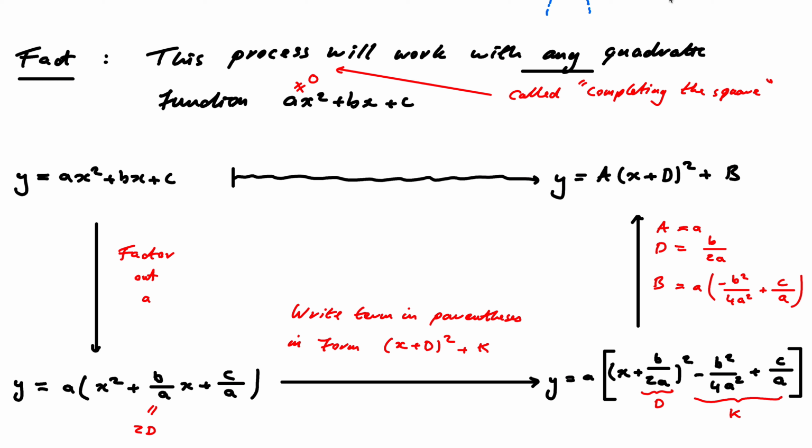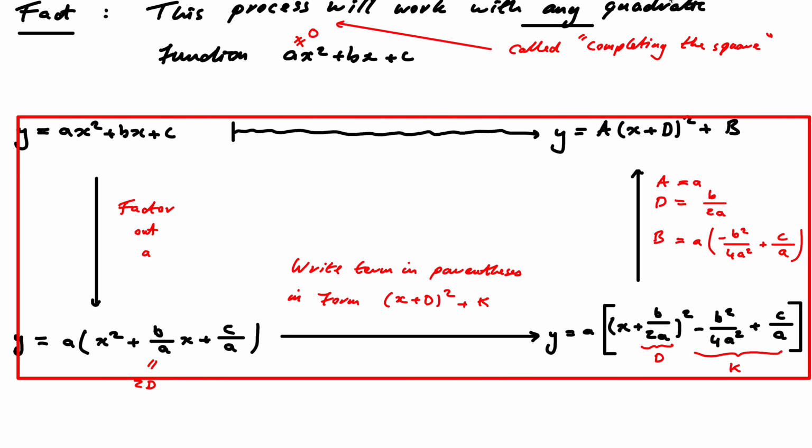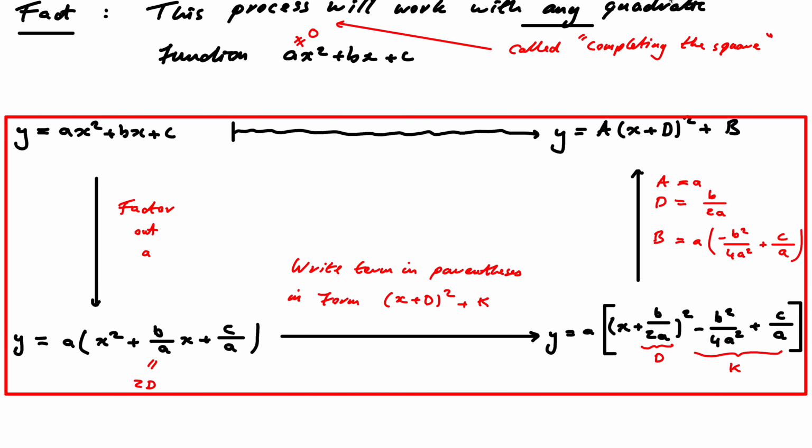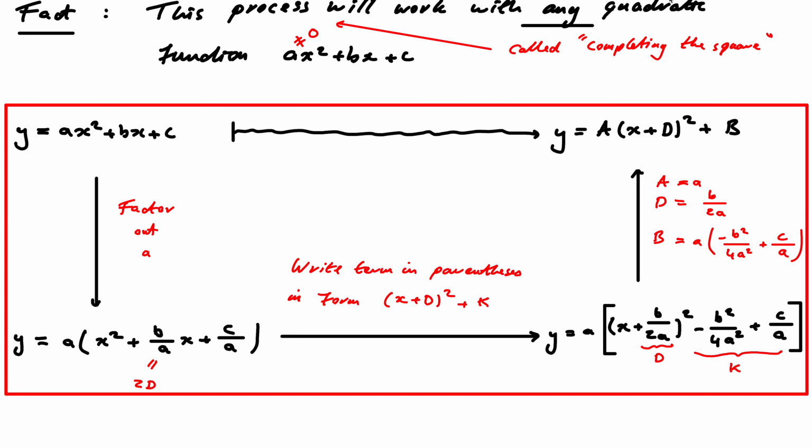So that overall process is called completing the square. Let's take the time to highlight this properly. So that procedure is called completing the square.